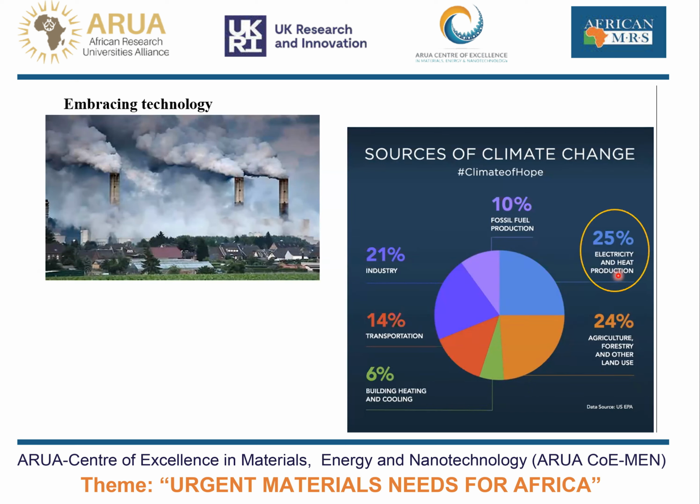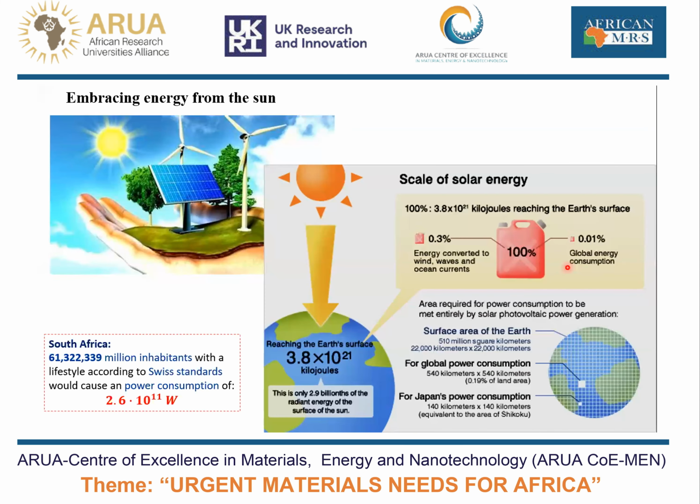So as we look for sources of energy to generate electricity, we end up with this kind of scenario in our environment. And therefore, we need to concentrate more on a better way to generate our electricity and heat without polluting the environment. And one of the ways that we suggest is the use of solar.